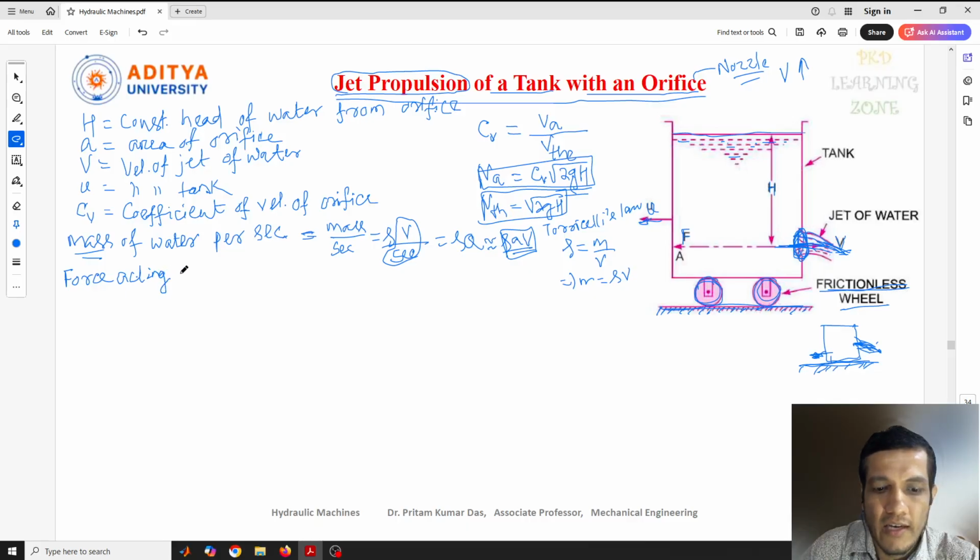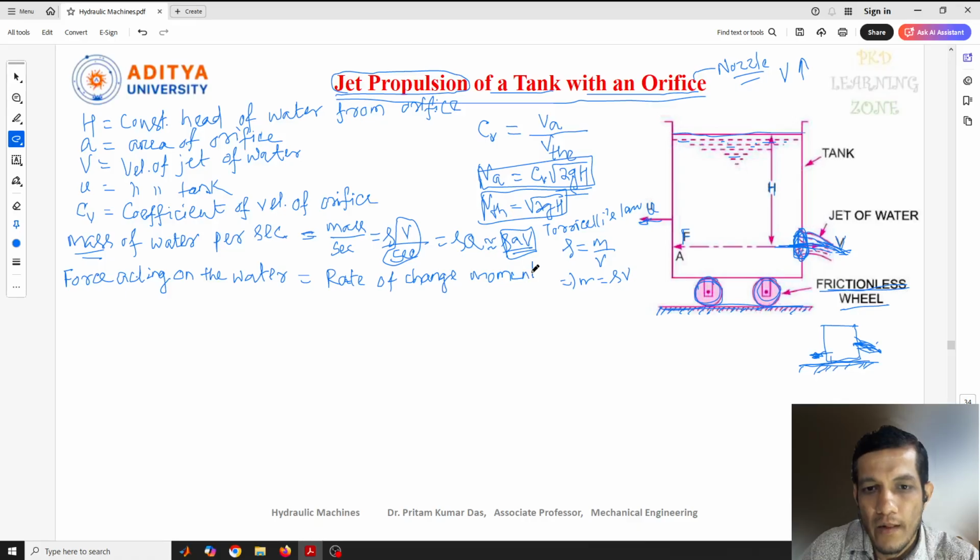The force acting on the water is equal to the rate of change of momentum, because when the fluid starts flowing, obviously its momentum changes. So the force acting on the water, F, equals the rate of change of momentum, that is mass of fluid per second into change of velocity, dV. I'll also tell you how I got this.